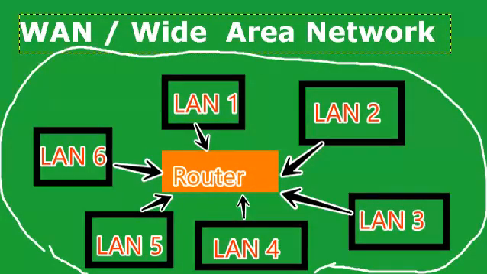The definition of a wide area network is a telecommunications network that connects multiple local area networks, LANs, over a large geographical area, such as across cities, across countries, or even continents. Let's say, for example, you have about 5 different countries trying to communicate with each other through telecommunications. They will be grouped under wide area network.